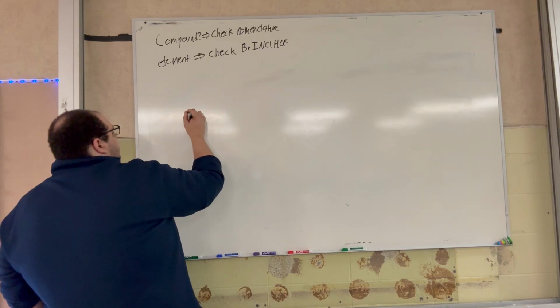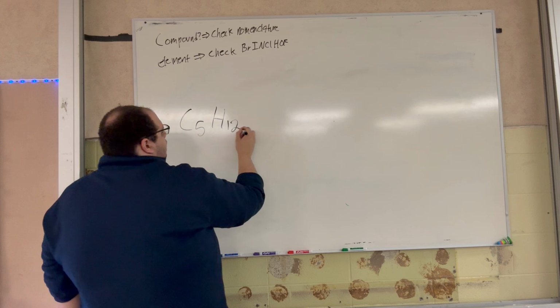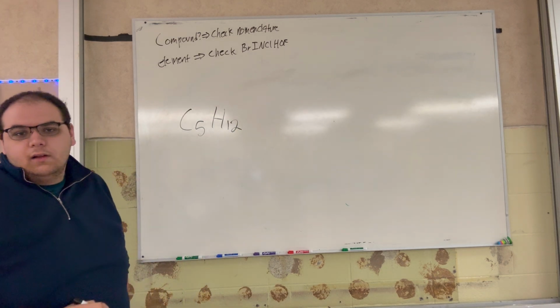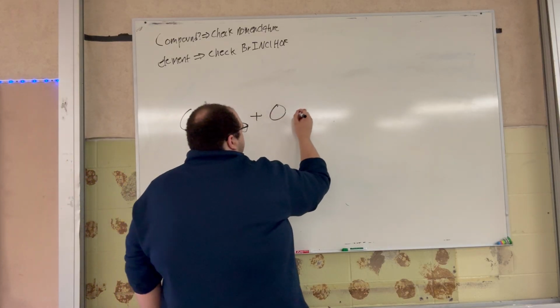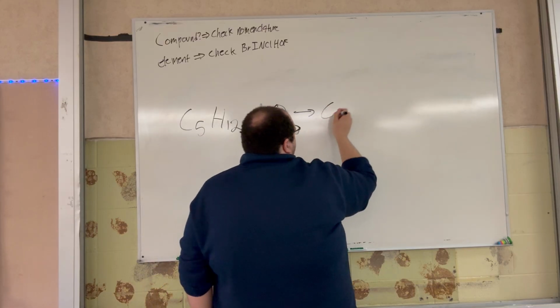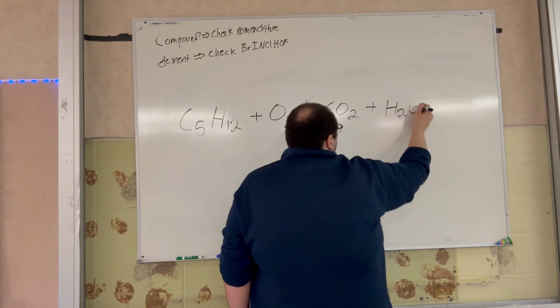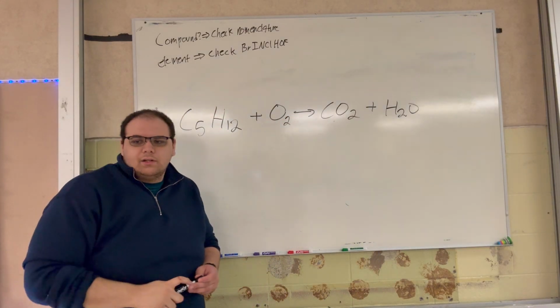But it's C5H12. You do not need to remember that. I'm not going to ask you something like that. But we have pentane reacts with oxygen to produce carbon dioxide and water. Take a second and do your checks, see if everything matches up.